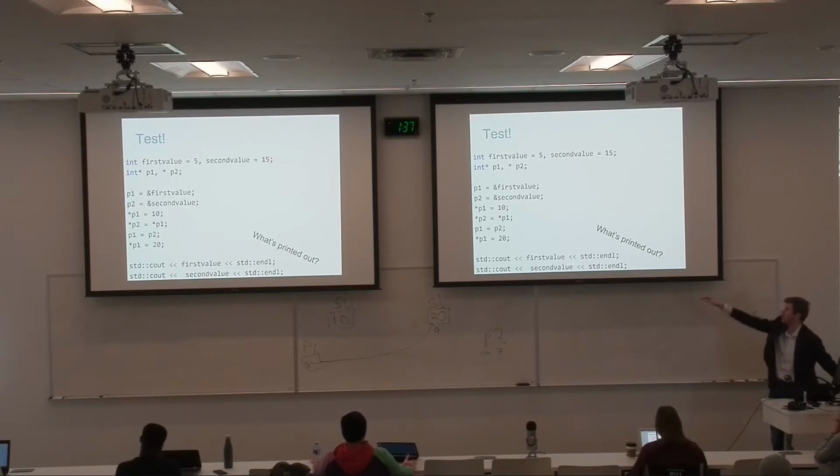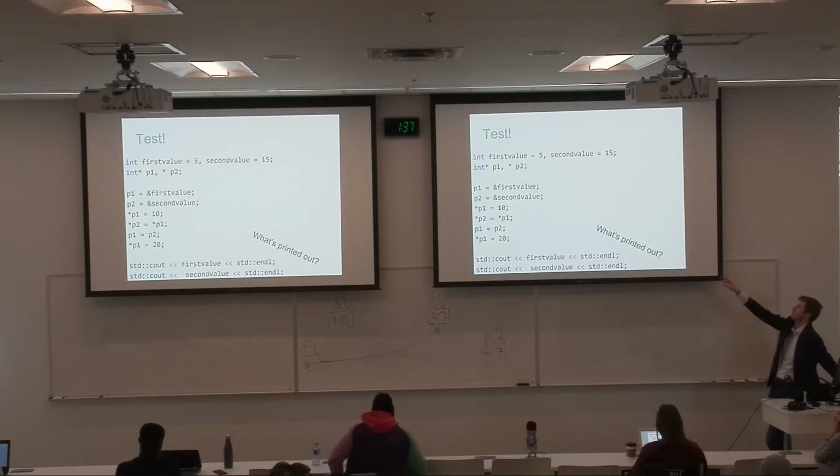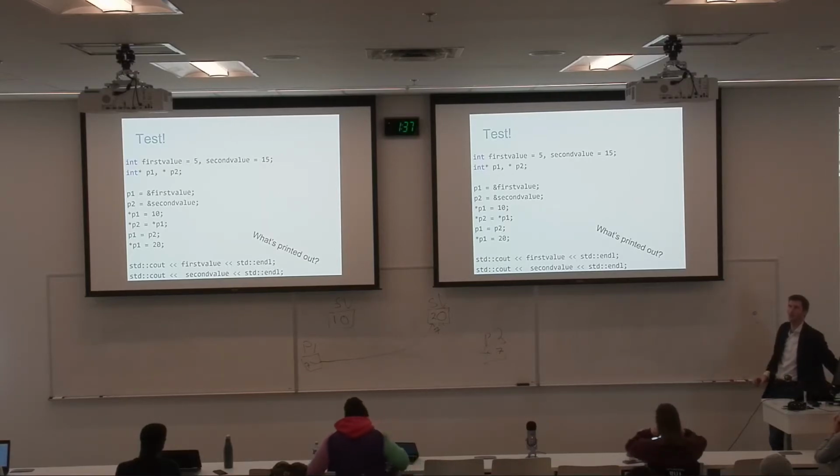I typically never declare multiple variables in one line because it gets confusing. If I was running out of space on the slide, I would have written int first value equals 5, int second value equals 15, and so on. Okay, yeah, I was just confused with that. Yeah, don't worry, that's why I don't like doing it that way, because it confuses me too.